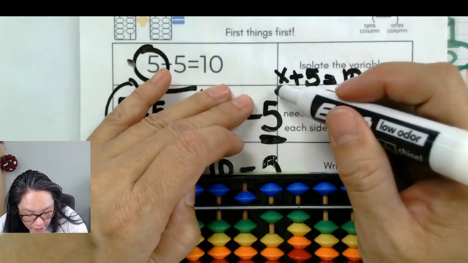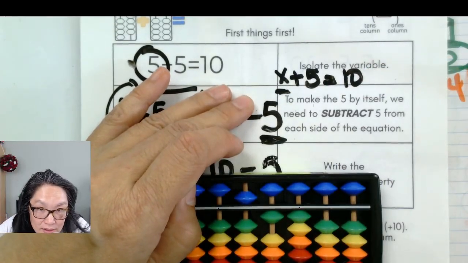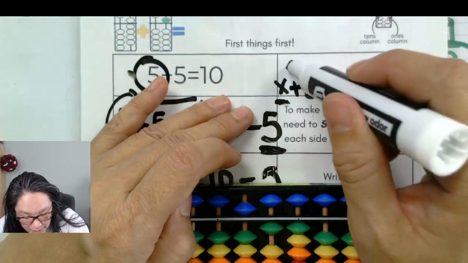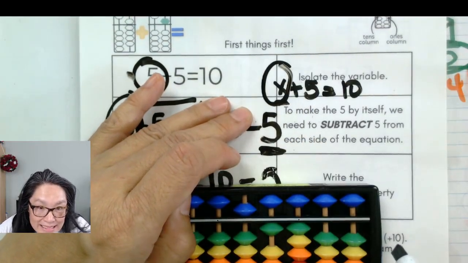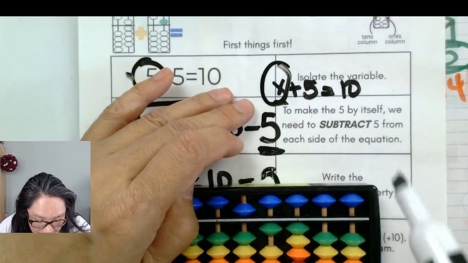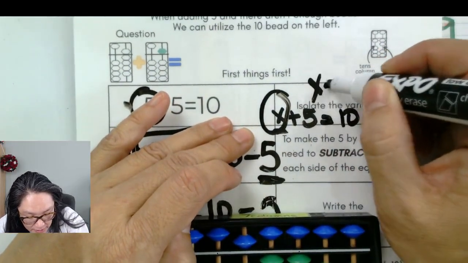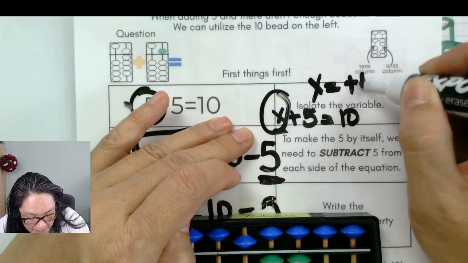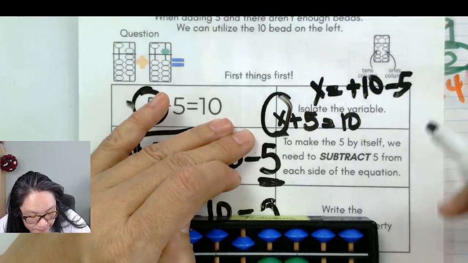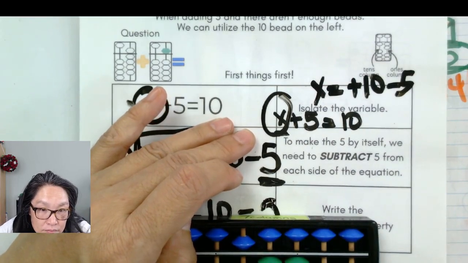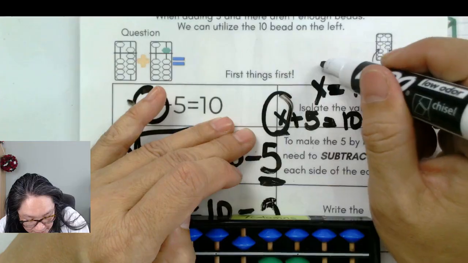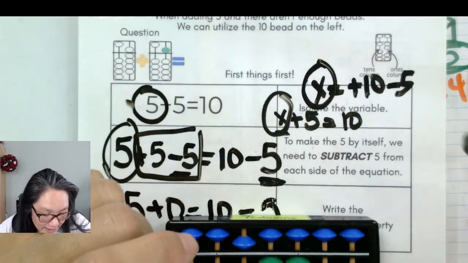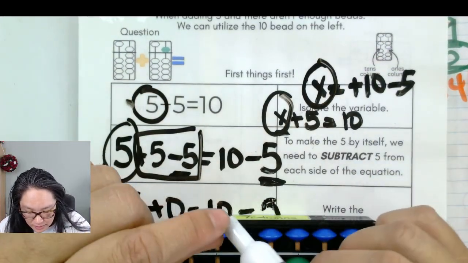So x is a variable, right? We don't know what this is, but we're going to make it by itself. We're going to isolate the variable. When we isolate the variable, we're going to do x equals 10 minus 5. This is what isolating the variable is: we make it by itself. Does that make sense?